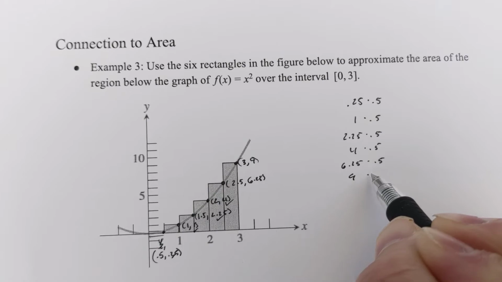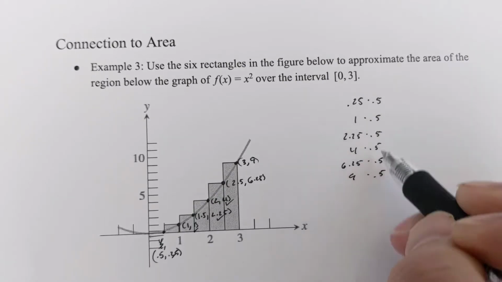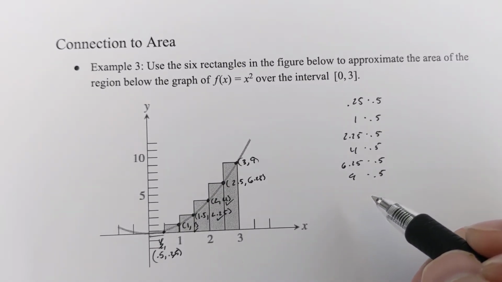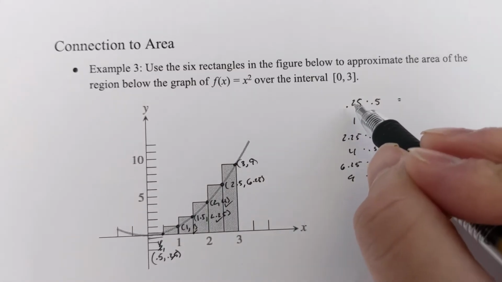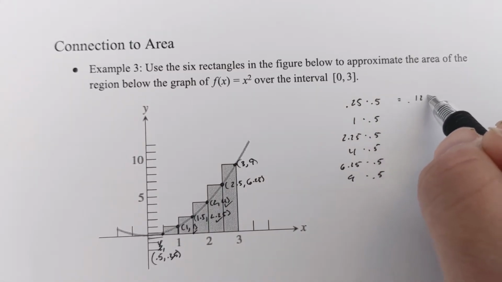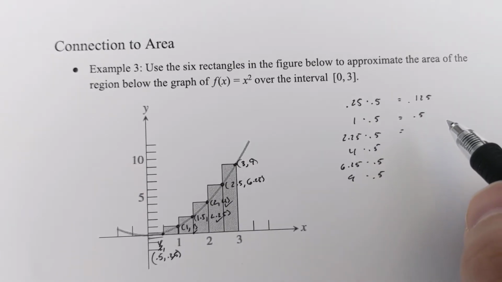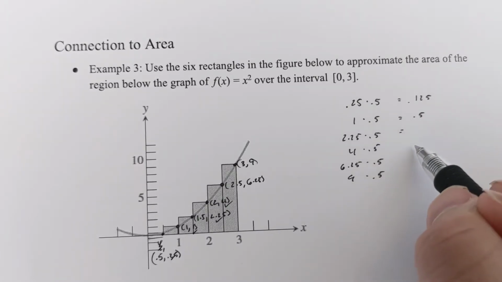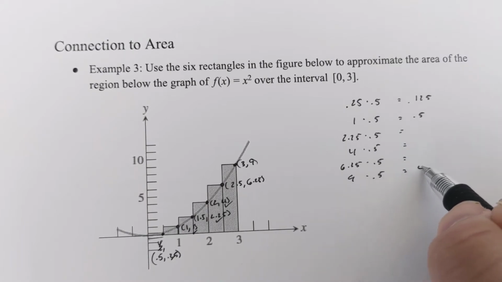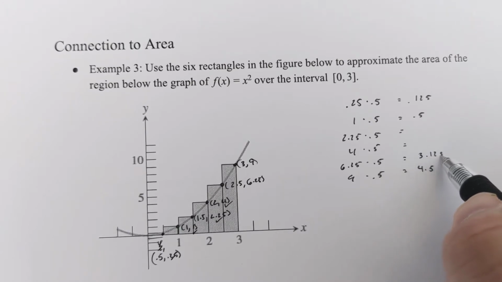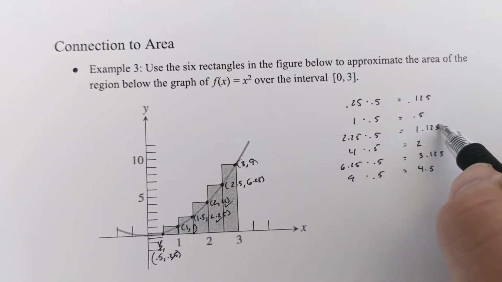And 9 by 0.5. So these are the areas of the individual rectangles. This one would be 0.125. This is 0.5. This is 1.125. This is 2. This is 3.125. So that's 4.5.